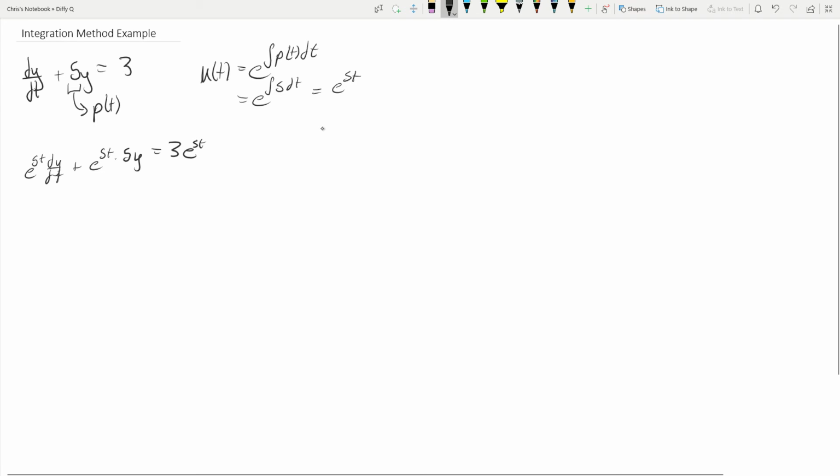And then from the proof before, we know that e to the 5t dy/dt plus e to the 5t times 5y is equal to d/dt of mu(t) y.